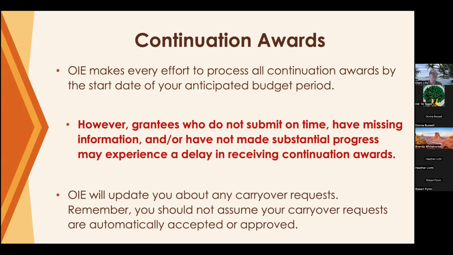One is the submission of this APR on time, as well as your APR update. If anything is delayed or there are any problems there, that may hold up your continuation award. Also, if you have any information that's missing, or you are not making substantial progress, which also includes expending of funds.